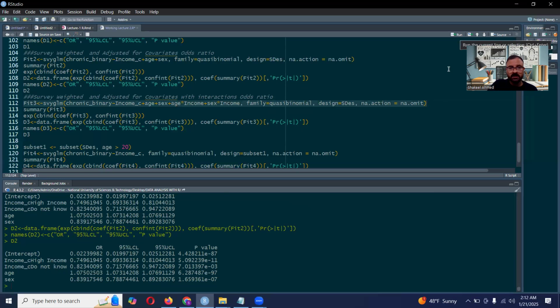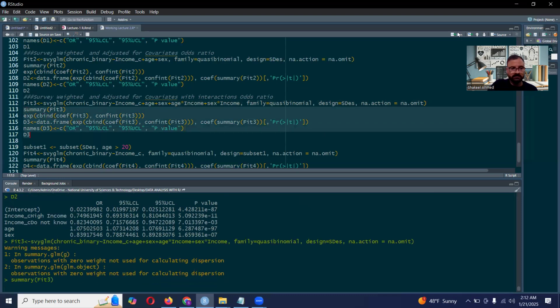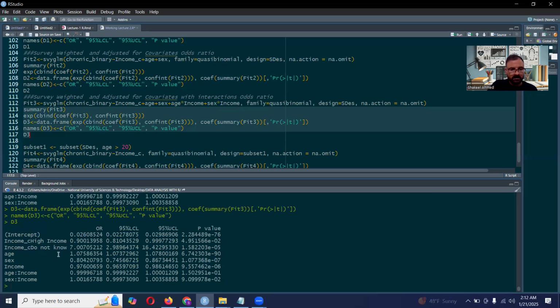So we can check this, and we can get the final result for odds ratios. You can see that the coefficient for higher income is now increased to 0.9 due to inclusion of the interaction effect, but the age and income interaction is not significant.